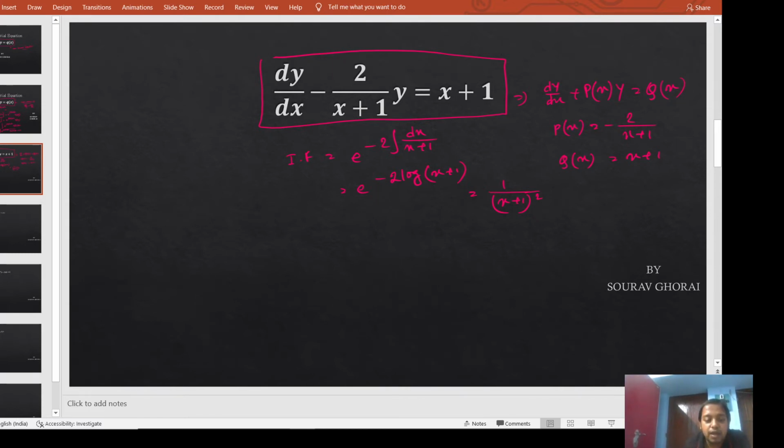After multiplying by the integrating factor, we get 1/(x+1)^2 dy/dx - 2/(x+1)^3 y = (x+1)/(x+1)^2.